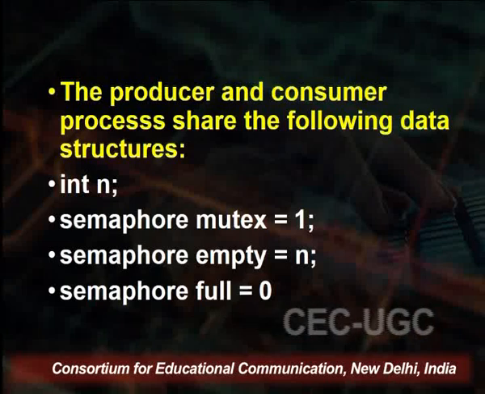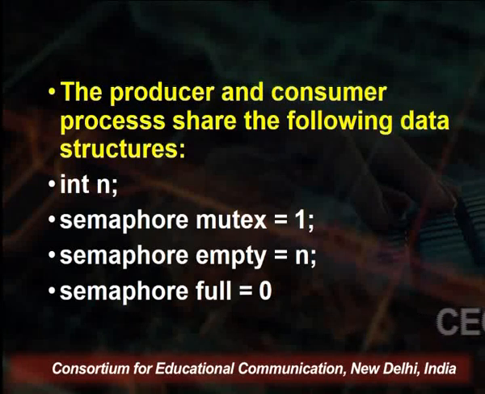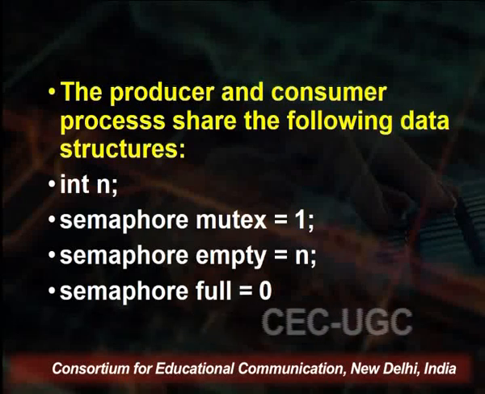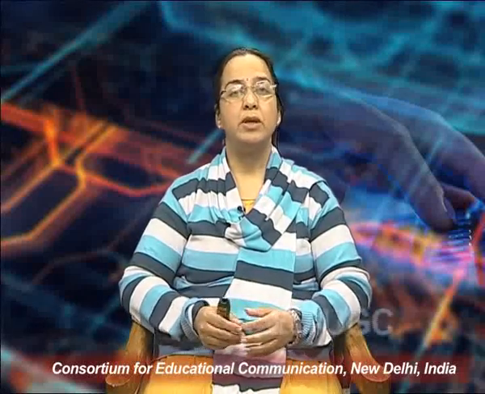Then we have semaphore empty, where the value is equal to n, and semaphore full, where the value is 0. So, these data variables used by the producer and consumer are one integer n and 3 semaphores: mutex, empty, and full. Mutex has value 1, empty has value n, and full has value 0.